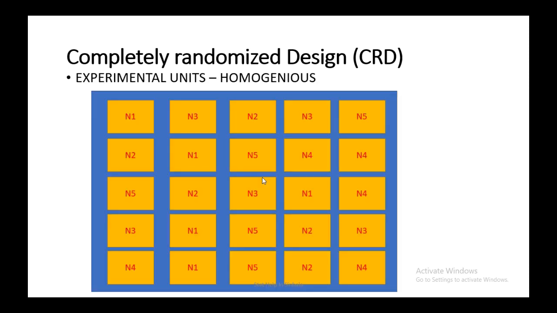In this display you can see that there are 25 plots. Each fertilizer has been allocated 5 plots randomly.